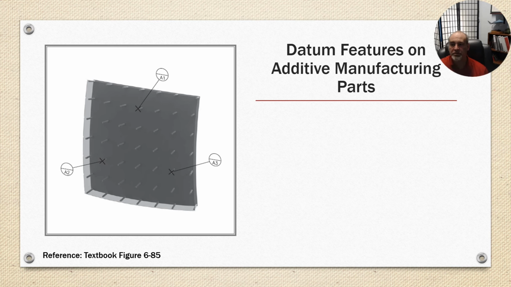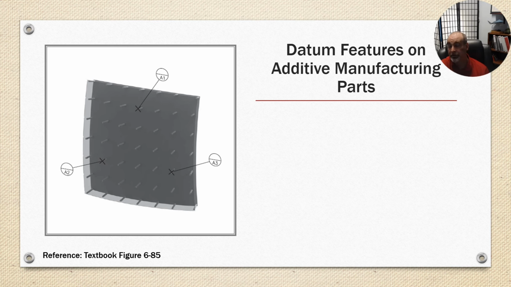Here are datum features on additive manufacturing parts. I hadn't really thought too much about additive manufacturing, but I think it's pretty hard to keep track of datums. So if you were to grow something and it has a support structure, you might think about building in features that are going to become your datums.